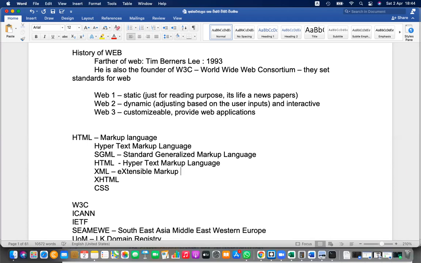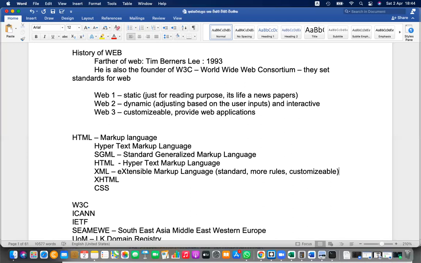markup language. So it is a language with more rules. Standard, more rules, customizable. It is standard, with more rules and customizable, but HTML does not have that many rules.